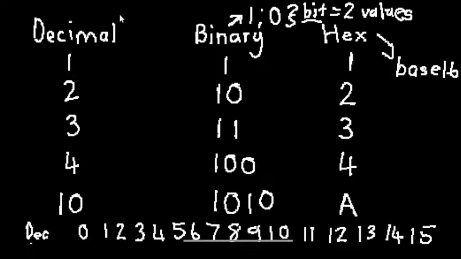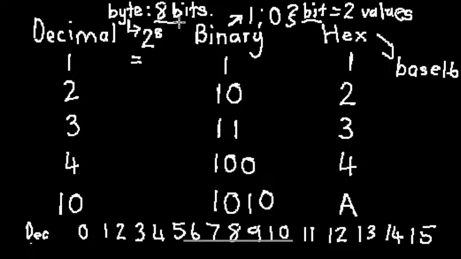Then we get into a byte, which is 8 bits. And we worked out yesterday that because it's binary, we always use a 2. 2 to the power of 8 will give us the total number of values that we can get in 8 bits.